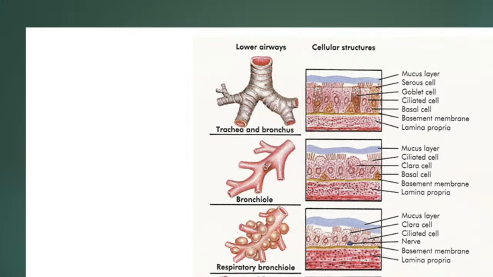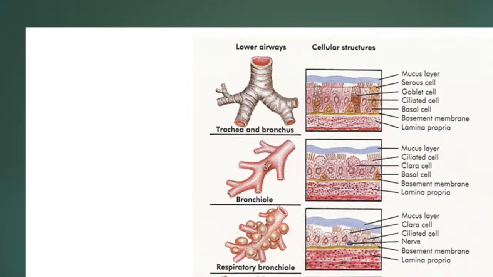Terminal bronchioles. They are the more distal part of the conducting passages, and their diameter is less than 1 millimeter. They are lined by cuboidal and lower epithelium.